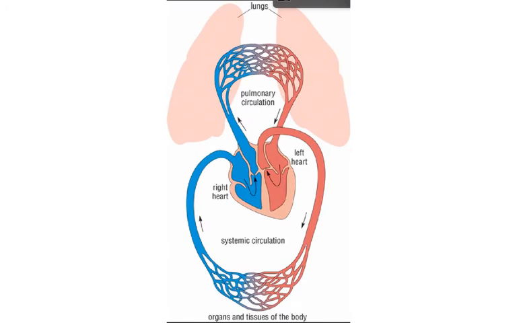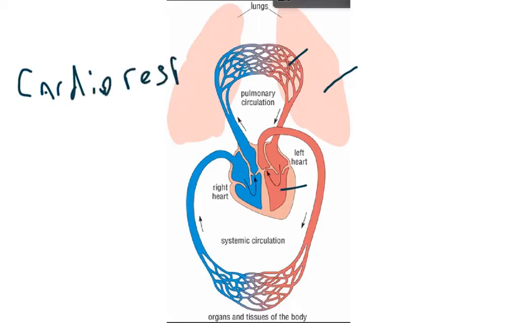Really, we're going to be talking about the circulatory, the cardio, and the pulmonary systems as a whole. And we put those in one big term called the cardiorespiratory system, or the cardiopulmonary system.